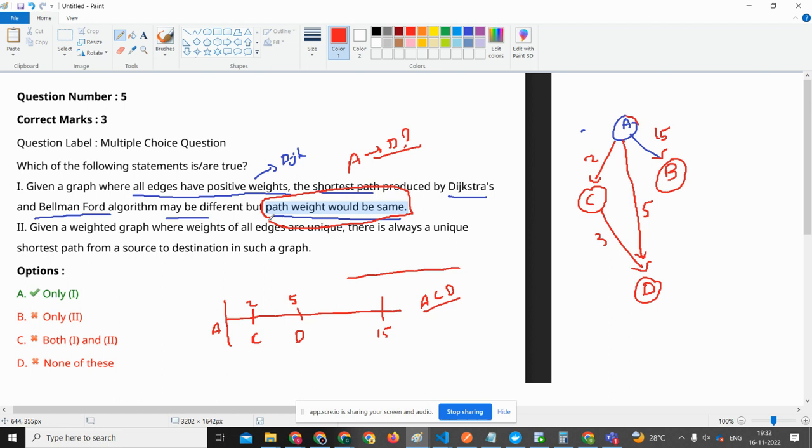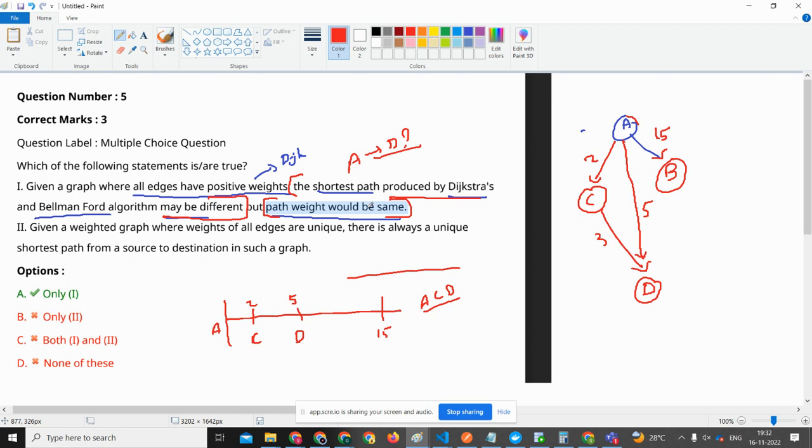For the extras, the path is the same but the weights are different, is it? No, the other way around. The path is different and the weights are the same. Yeah, the total shortest path between one source vertex and the destination vertex is the same, right?